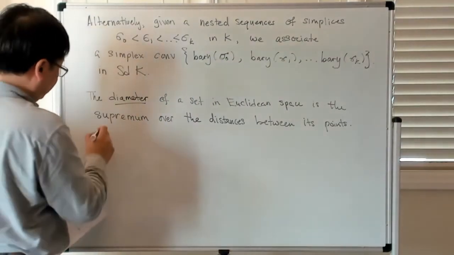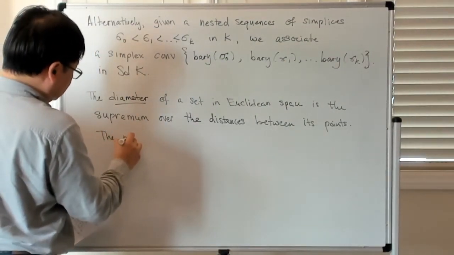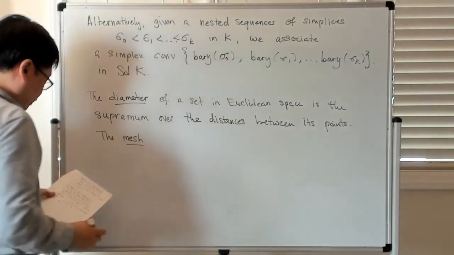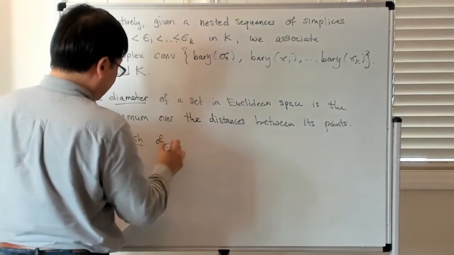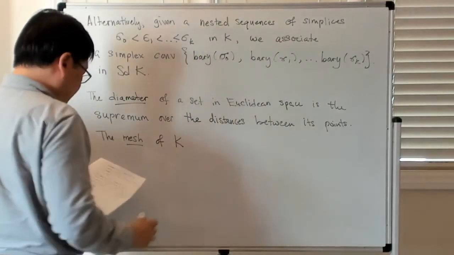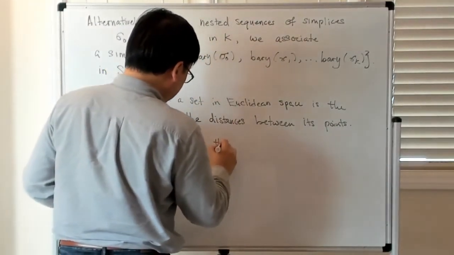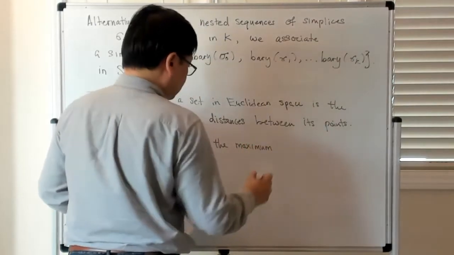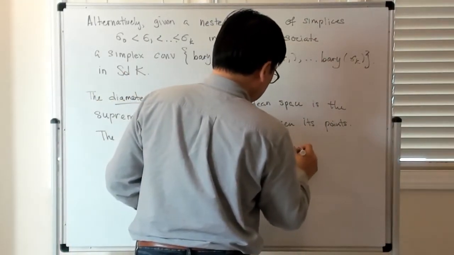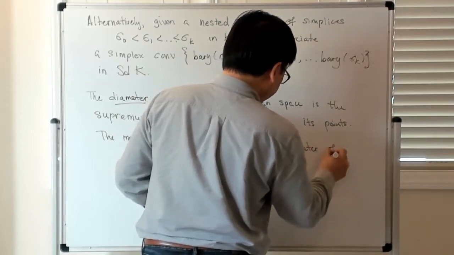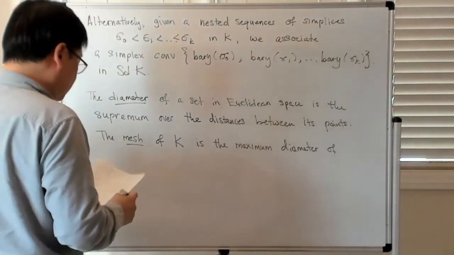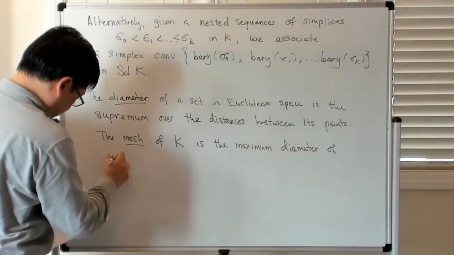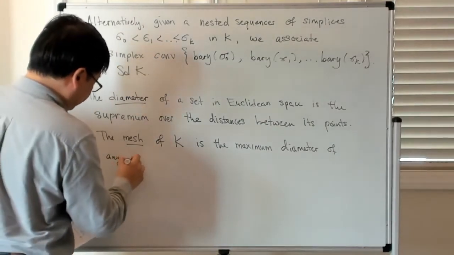Then the mesh, or if you prefer the mesh size, of a complex K is the maximum diameter of any of its simplices.